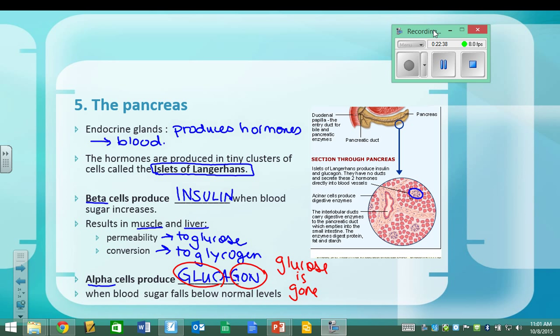So glucagon is produced when glucose is gone, and it has essentially the opposite effect of insulin. It reduces permeability to glucose, and it reduces the conversion to glycogen. In fact, it usually reverses the conversion. Glucagon's job is to make sure there is more sugar in your blood, not sugar being absorbed into your cells. So like I said, this is an excellent example of homeostasis.